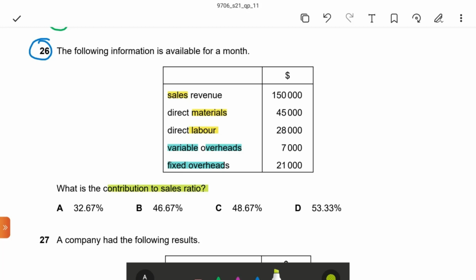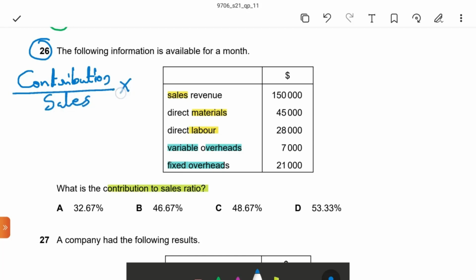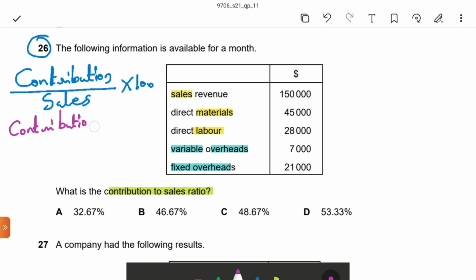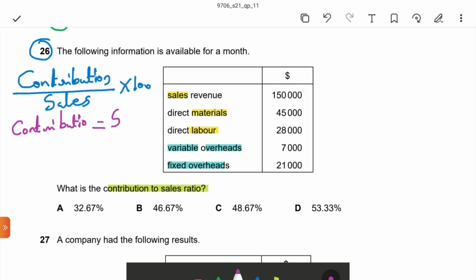What is the contribution to sales ratio? The equation is contribution divided by sales into 100. So how do we calculate contribution? Contribution is equal to sales minus variable cost.